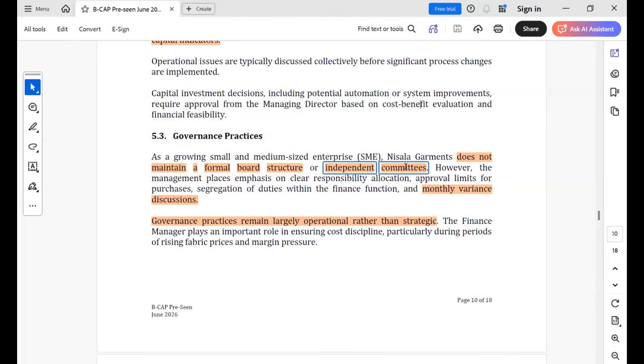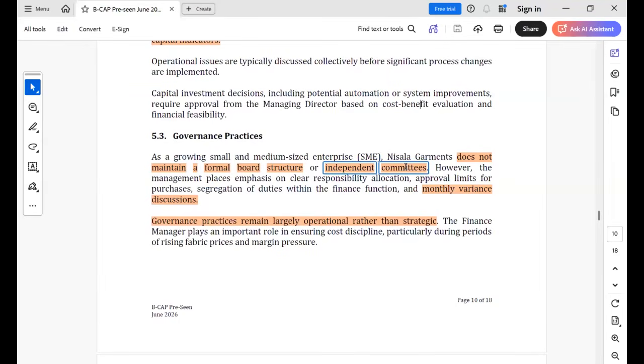Now, if you go to independent committees, if you take a listed company or a large scale private company, you can notice many independent committees. For example, audit committee, risk committee, nomination committee, and governance committee, right? Remuneration committee, right?